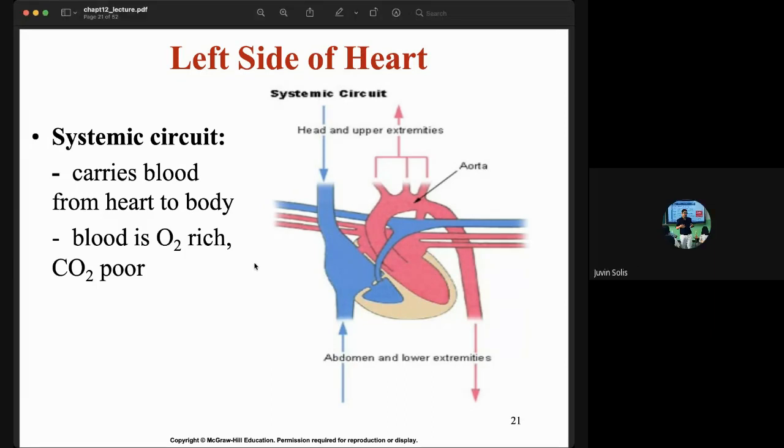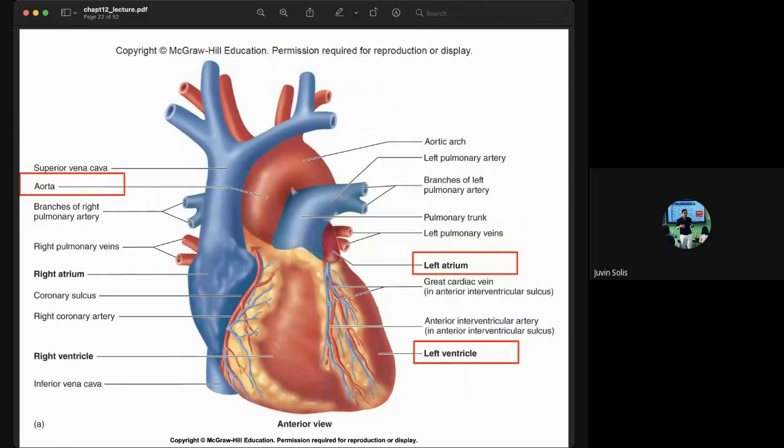So let's go here. Dito naman meron tayong left atrium. Sa left atrium natin, meron tayong 4 na opening. Okay, your pulmonary veins that will receive blood from the lungs. Okay, so meron tayong left ventricle here. Meron din tayong aorta.